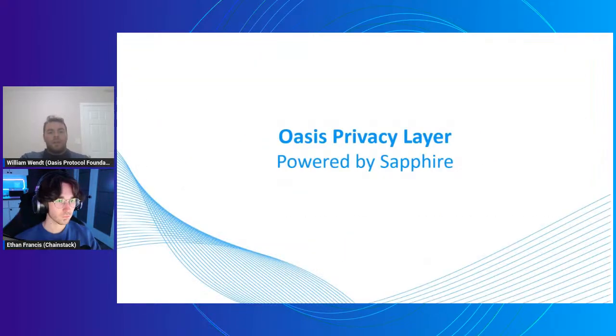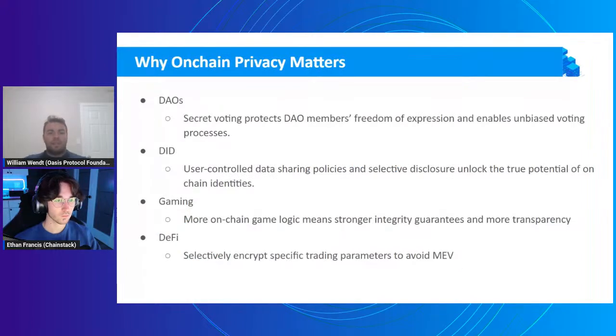So basically, where are the types of use cases that the Oasis privacy layer can benefit? DAOs and governance. Right now on other EVM networks, you don't have the ability to hide what your votes are. And what this means is that it introduces a lot of bias into the governance process.